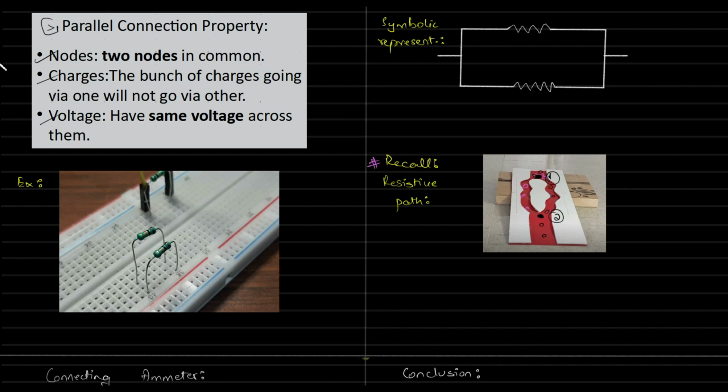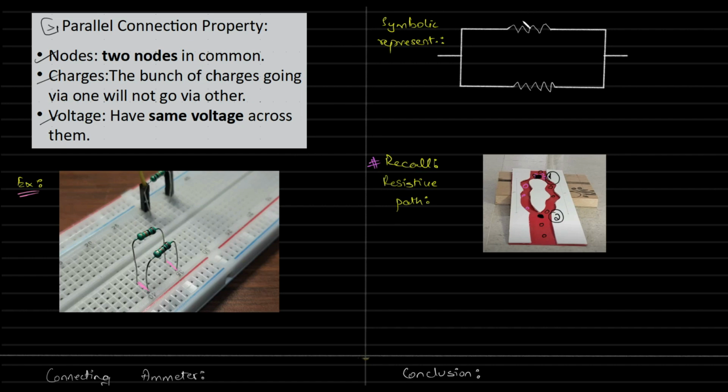Right? So physically, I have an example over here. We have two resistors. And again, hope you guys remember and understand the working of a breadboard. So by default, this end and this end are connected. Of course, this is not a complete circuit. This is just a small part of it actually.